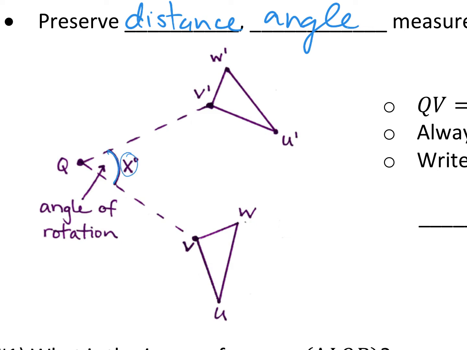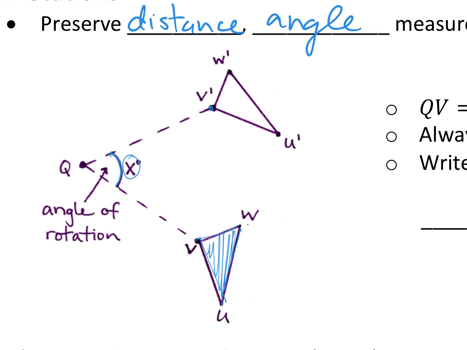And basically what you do is if I start with triangle, what do we want to call this? VUW, we'll say, okay? If I rotate it, my V has to become my V prime, my W becomes my W prime, my U becomes my U prime, right? So if I connect from my point of rotation, this is called your point of rotation.